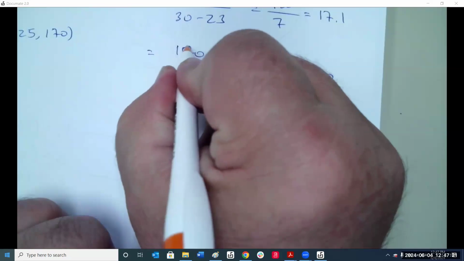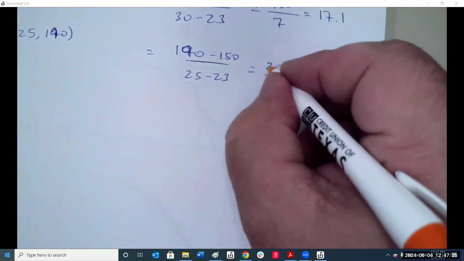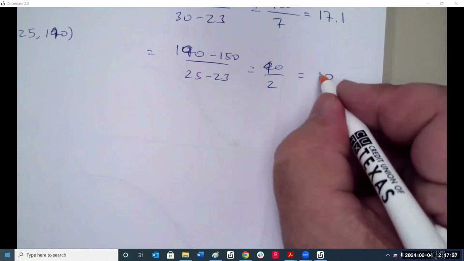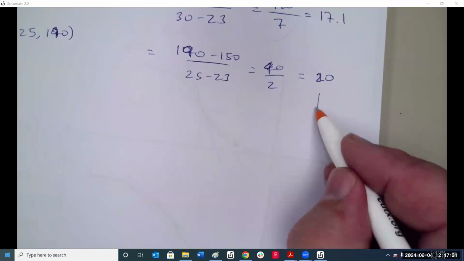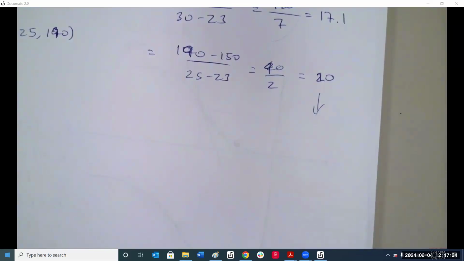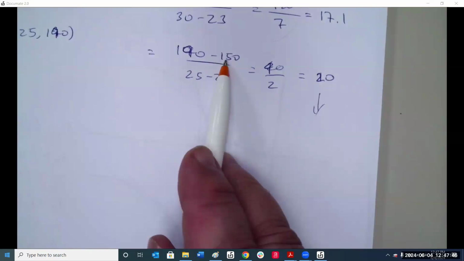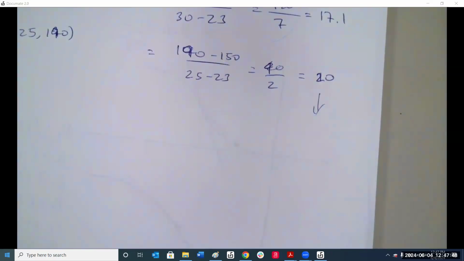Unless that's 190, and that makes it 20, which makes it more like it. So as we can see, the closer we get, it's going to be around 20, 21, 22. That'll be the slope around that point. Yes, 190 minus 150 is 40, over 2 is 20.